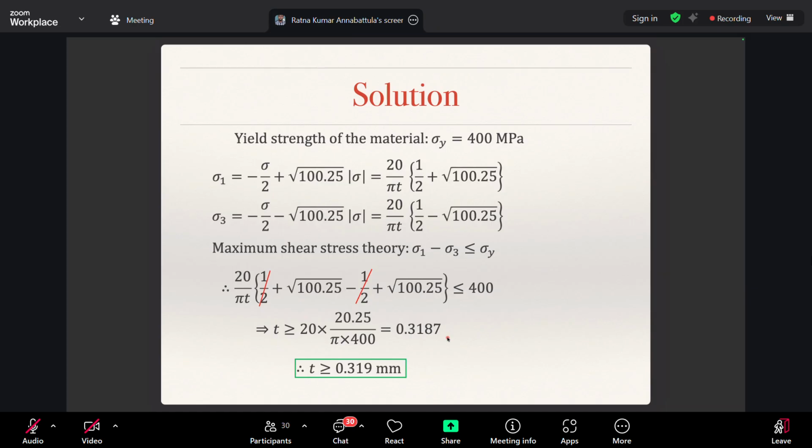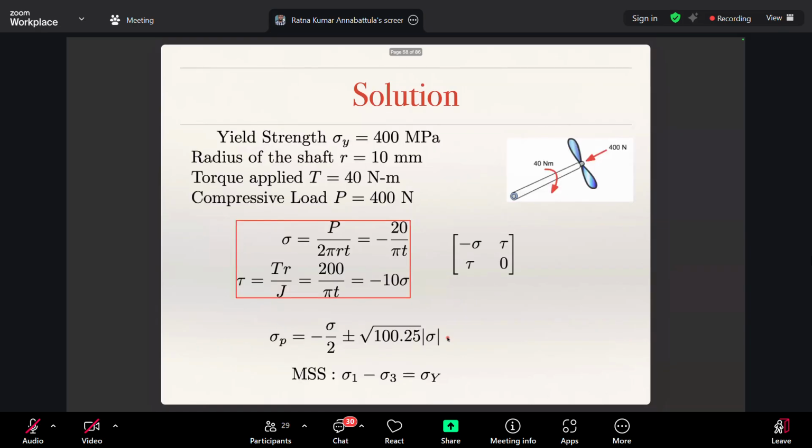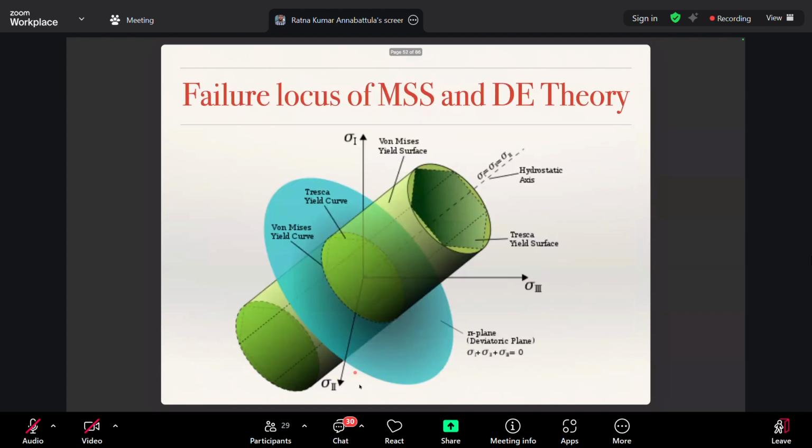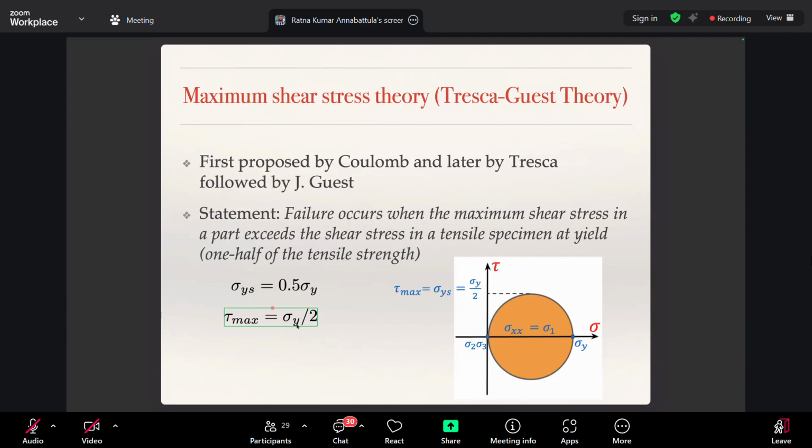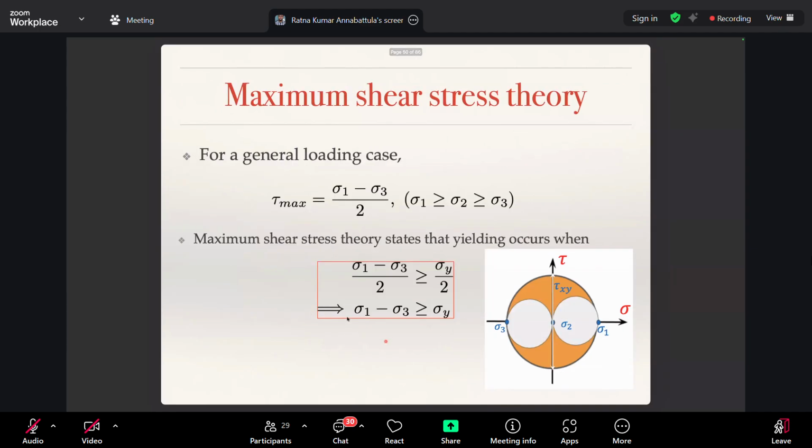Sir, I'm finding a bit of difficulty in remembering some of the formulas, sir. You don't need to remember any formula. For example, this formula, I don't expect you to remember. This is something that I can give you. So, sir, in midterm and exams? Yes. This thing I can give you, but not this one. That I cannot give you, and this I cannot give you. These are all conceptual, right?